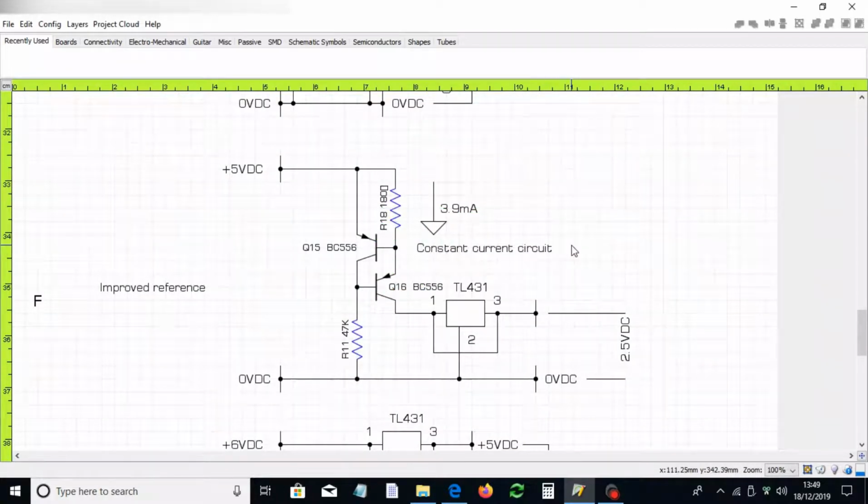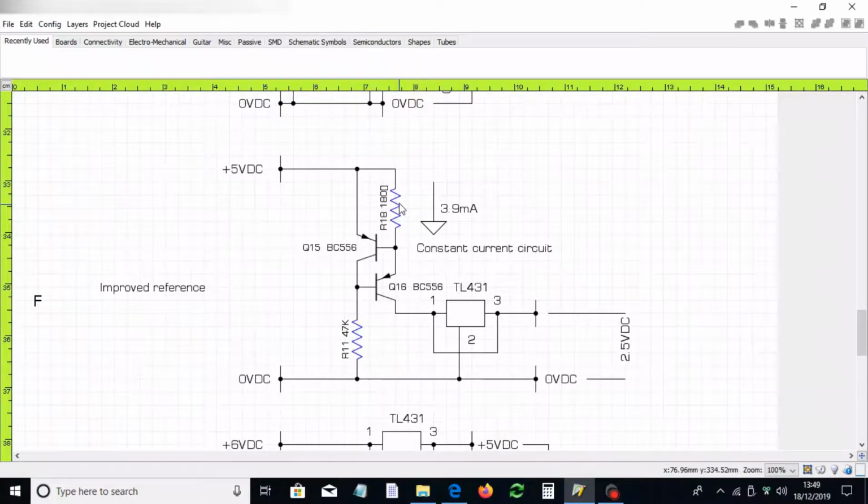What I've done is I've produced a very simple current source network here, where it supplies effectively a constant current through to the TL431. So now it doesn't matter whether this is 5 volts or 30 volts, you will still get a constant current feeding the TL431, and therefore a constant thermal dissipation in this device.